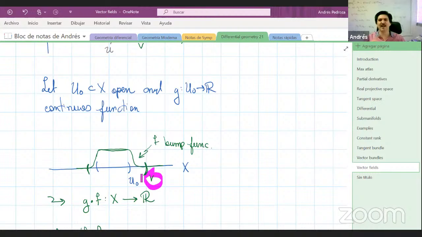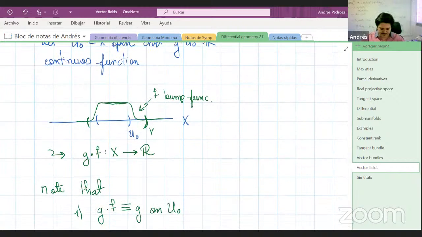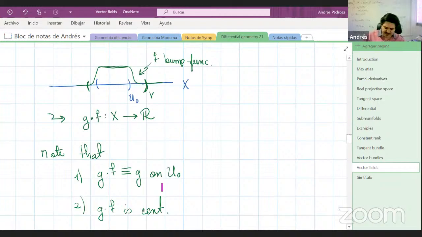The union of that is going to give you V, for example. It will be an open set containing U naught. So you need to have a bigger set. Now, to be honest, I don't remember if this is correct or if the F that I take has to be smaller.